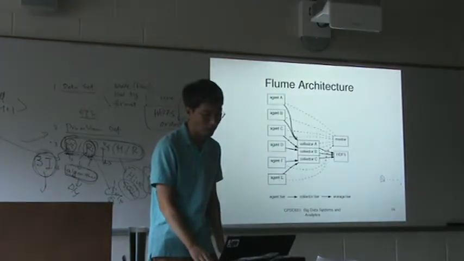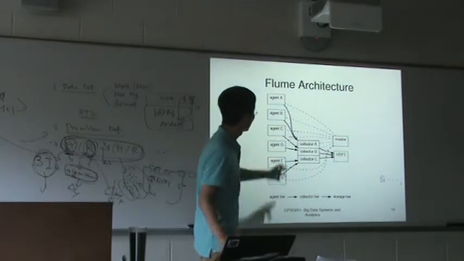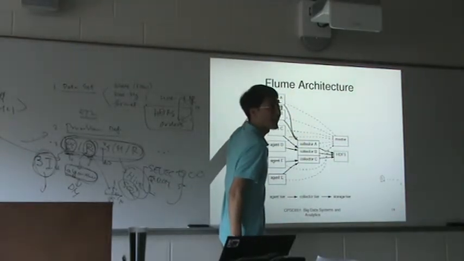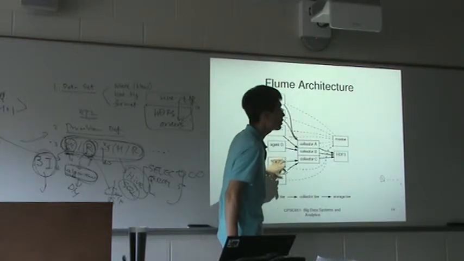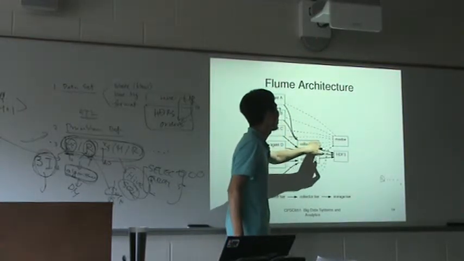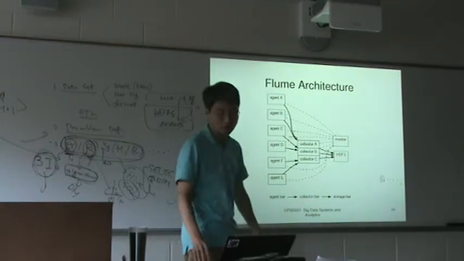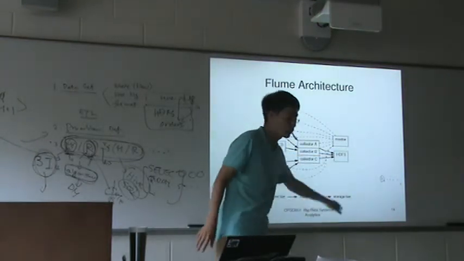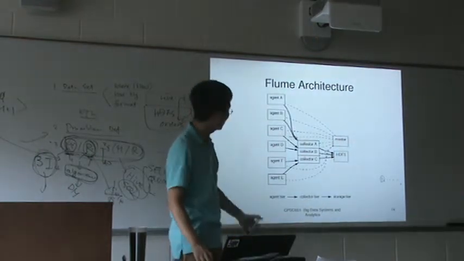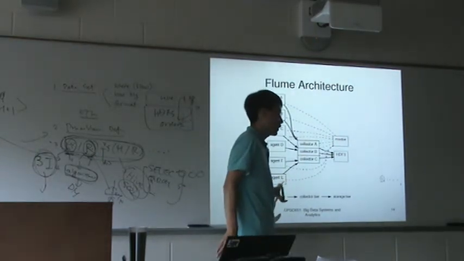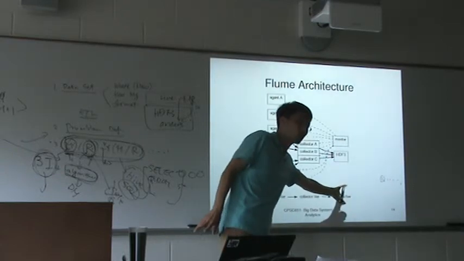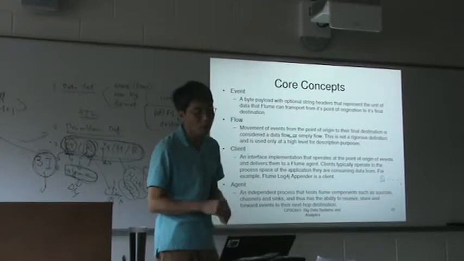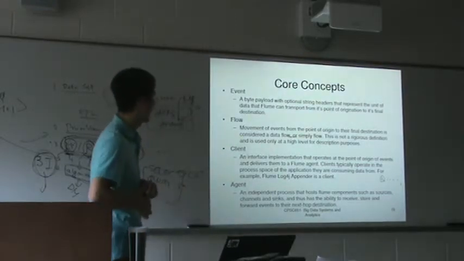So you can actually design like that. One collector manages the agents from the data source. The agents send the data to the collector, and the collector manages the collected data sent by the agents to the HDFS file. So there are two tiers: the agent tier from the data source, and the storage tier, which is HDFS, and in the middle is a collector. So there are core concepts that you can understand.